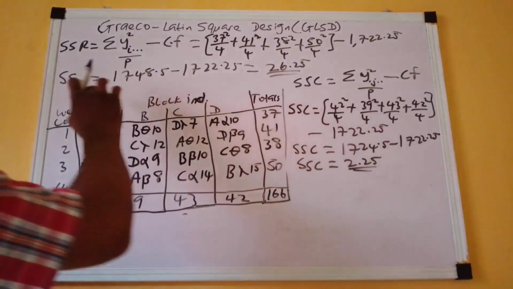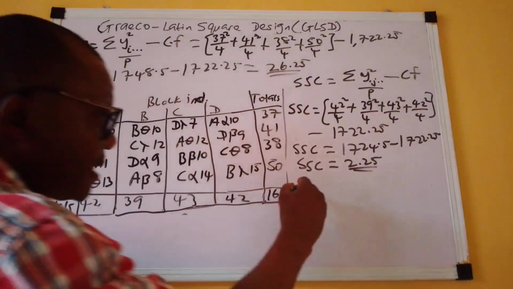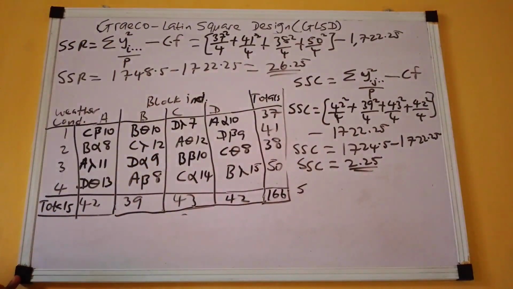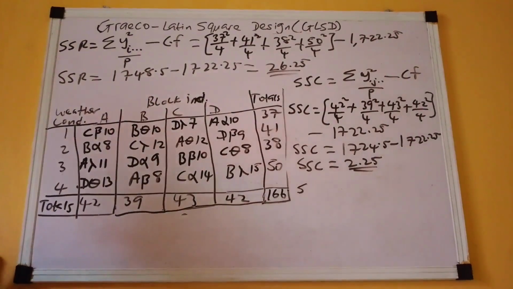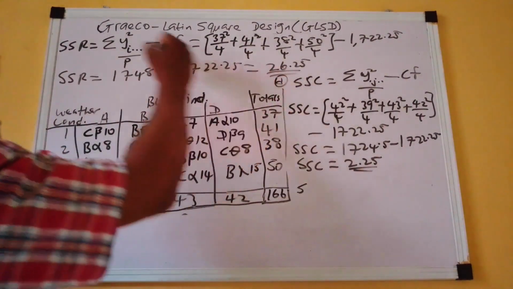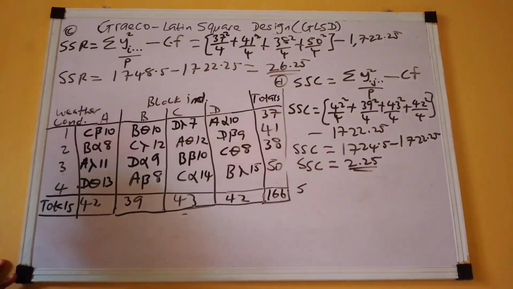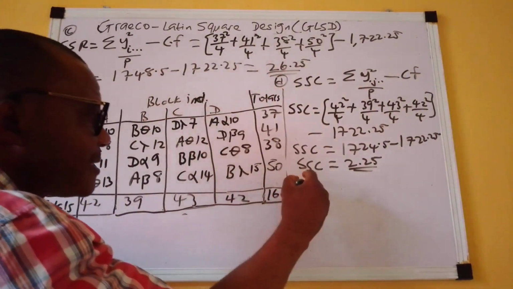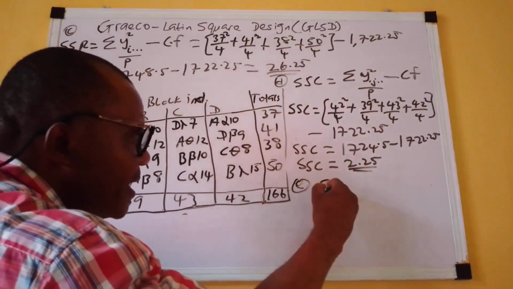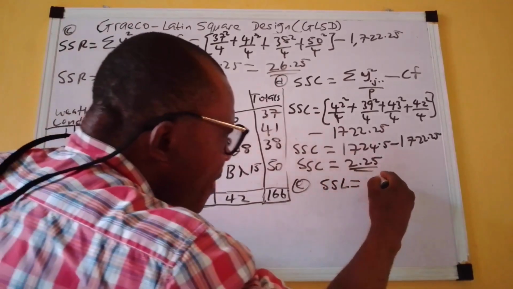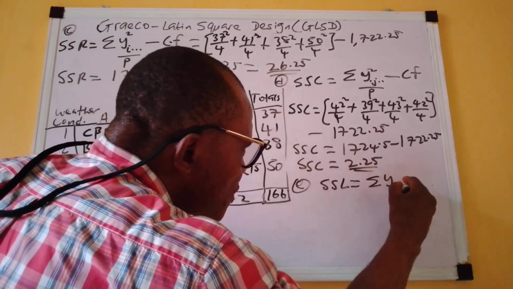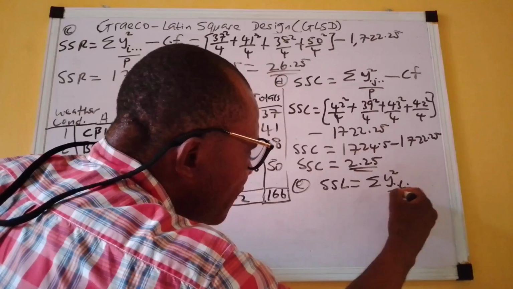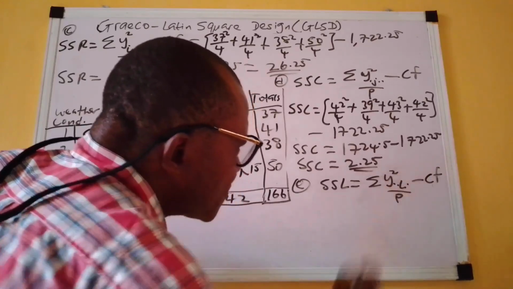This is the SS Latin letters, that would be E. This one is D, this one is C. Sum of squares for row is C, sum of squares for column is D, then the sum of squares for the Latin letters is E. So our SSL is equal to the summation of Y dot L dot squared, because the Latin letter is L, all over P minus the correction factor.